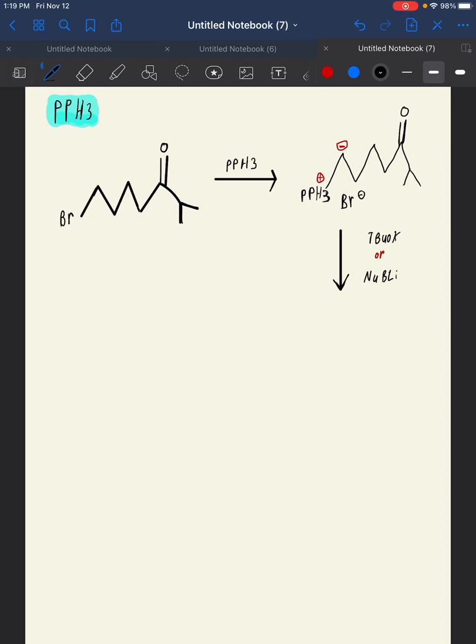And now if we react this with tBuOK or n-BuLi, if you recall, that looks gross. You would get this product. There's a double bond there to PPh3.